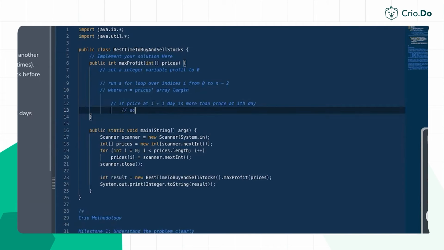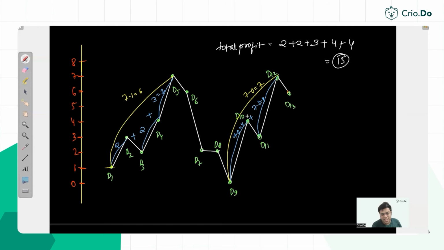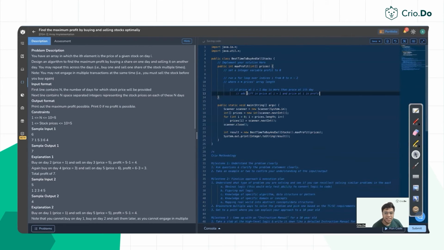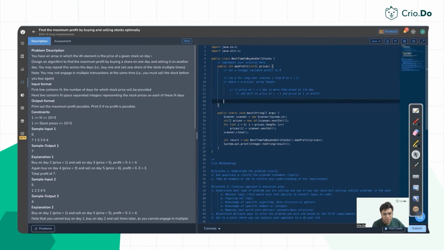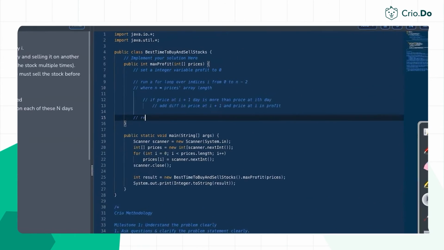So we will add the difference in prices at I plus 1 and price at I to the profit variable. Just add the difference, that is add 3 minus 1, add 4 minus 2, and so on. And when the entire for loop is done, we can just return the profit variable.